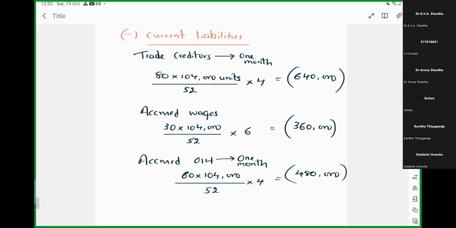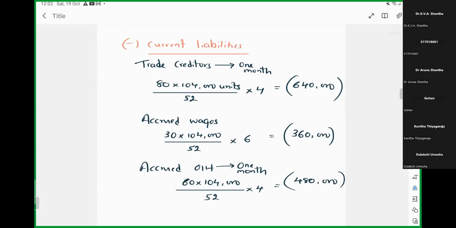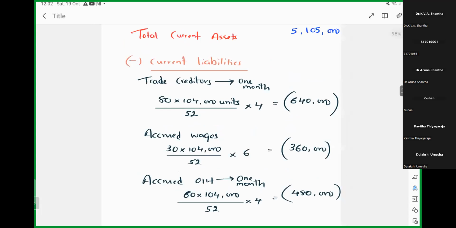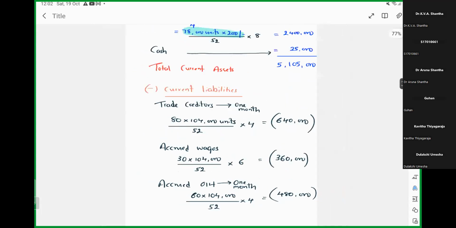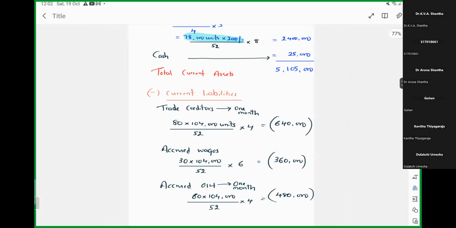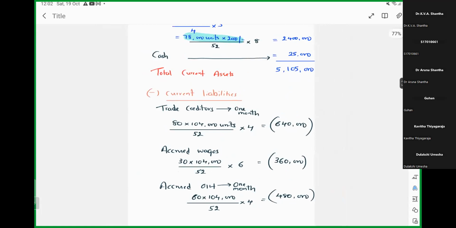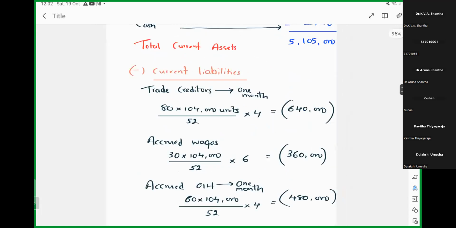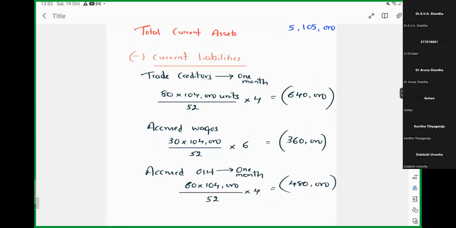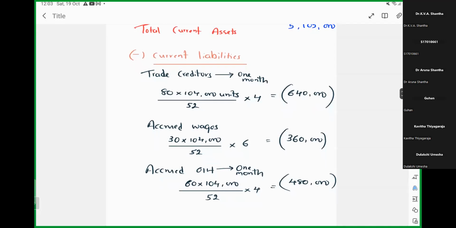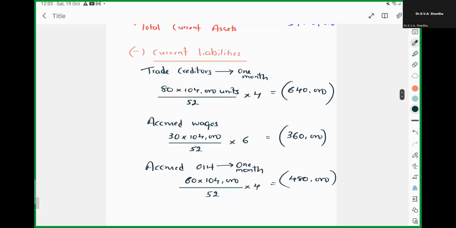So from current assets, you deduct these current liabilities. Then you get the working capital required.